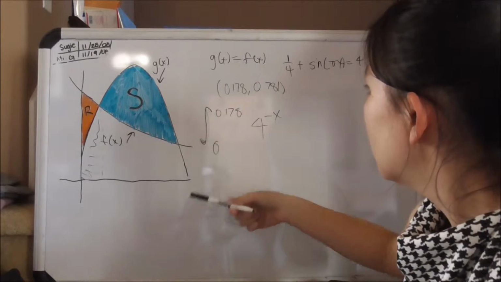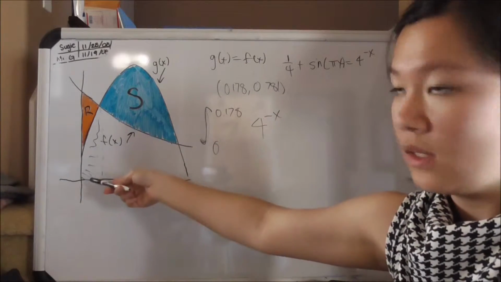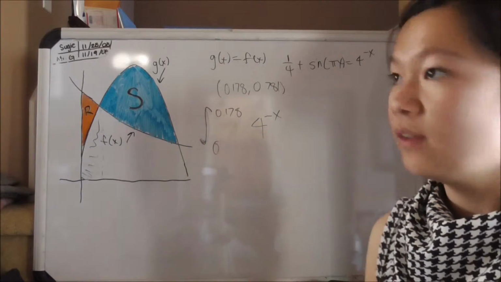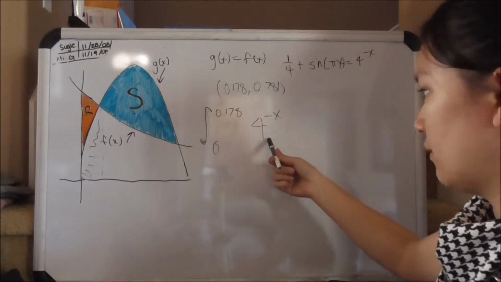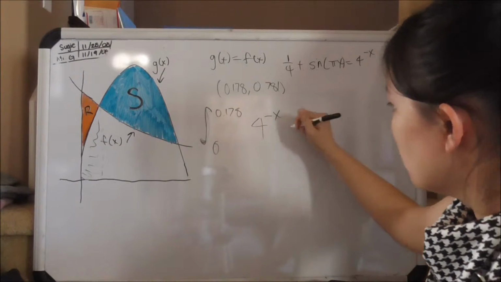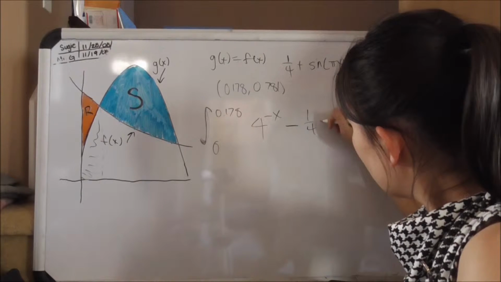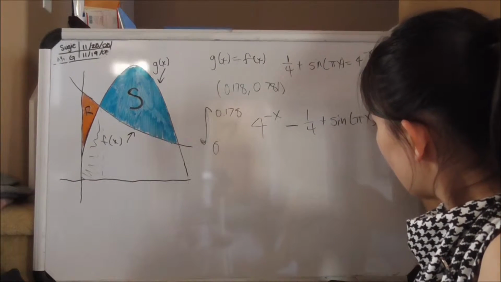You know this because the graph of sine makes a sort of a wavelength, which this is. So 4 to the power negative x is your top function, minus 1/4 plus sine pi x.